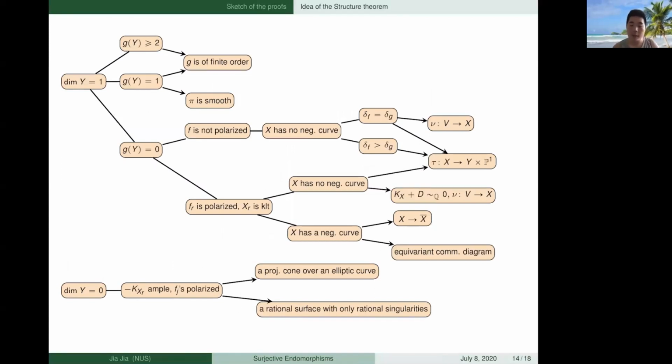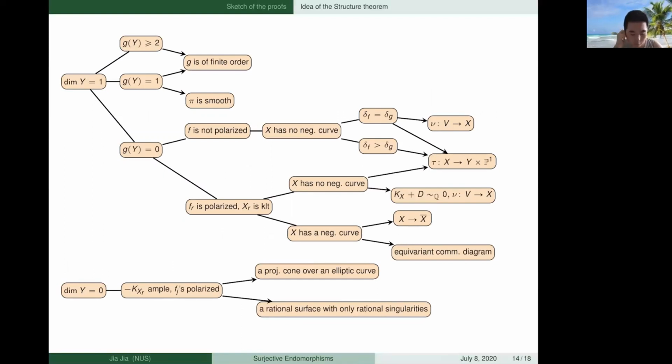Since the last one from X_R to Y is a Fano contraction and X is a surface, the dimension of Y is either equal to 1 or 0. If the dimension of Y equals 1, then we know this Y is a normal projective variety, so Y is a smooth projective curve. We can use the genus as an indicator for this one.